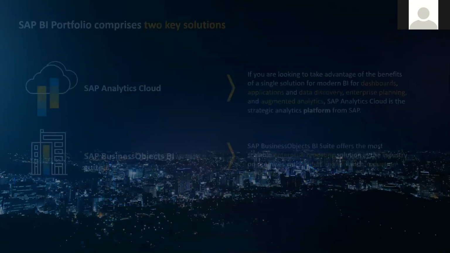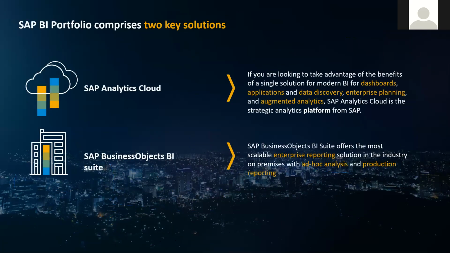Now, in the SAP Business Intelligence portfolio, we currently have two key solutions, and this is SAP Analytics Cloud and Business Objects BI Suite. Now, SAP Analytics Cloud is our strategic direction for our analytics platform.